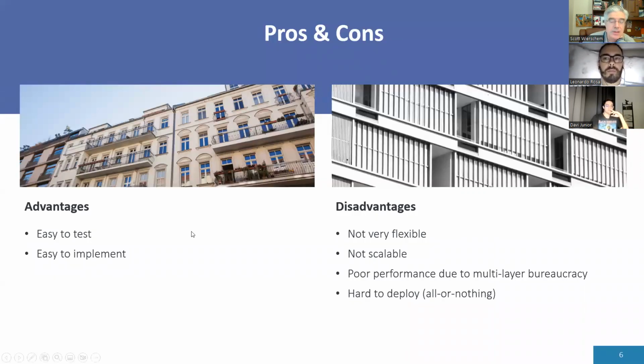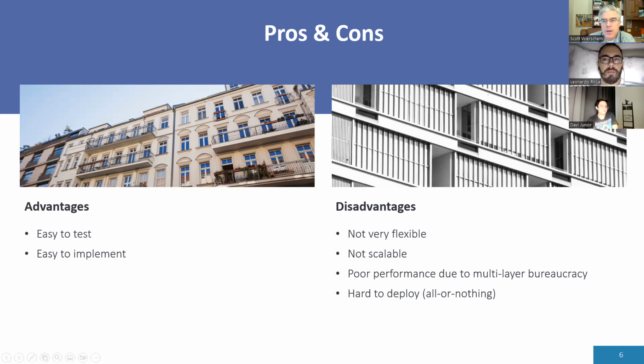So let's consider the trade-offs of a layered architecture. It's really easy to build, it's easy to test, and it's easy to understand. So you don't have to really spend a lot of time training up your developers. And that's why it tends to be the first approach most developers adopt when they're working on a new project.